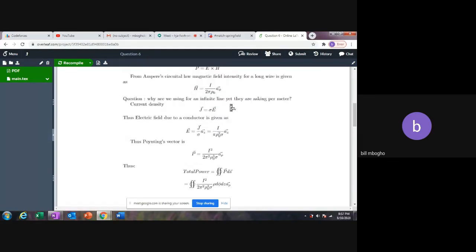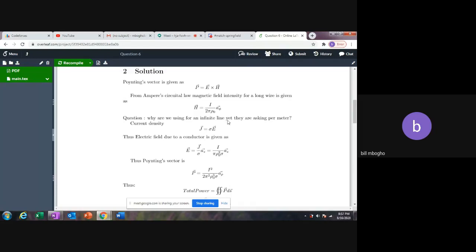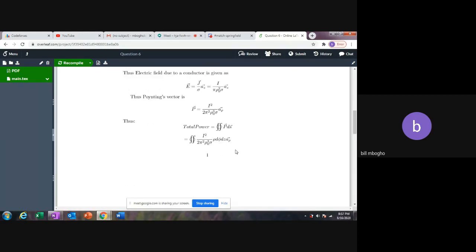Now if you can see, E is in the Z direction and H is in the phi direction. So the Poynting vector, since it's the cross of the two, is going to be in the rho direction. You can remind yourself of that in the beginning of our notes from last semester.